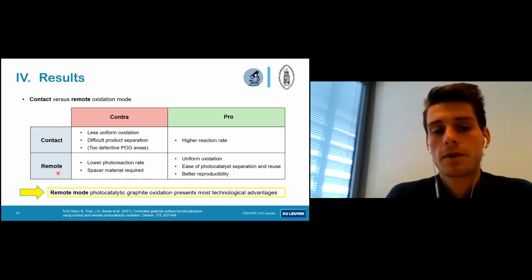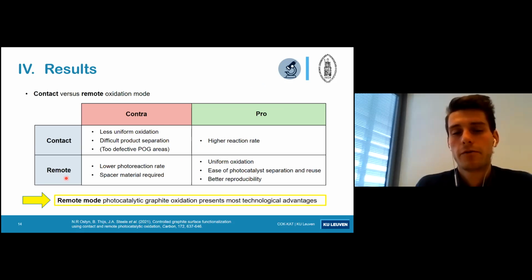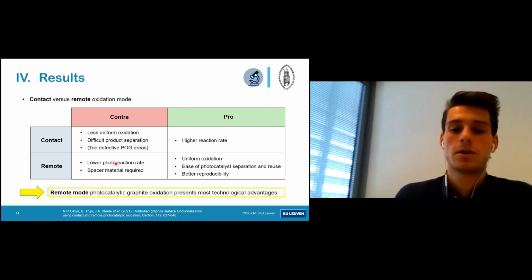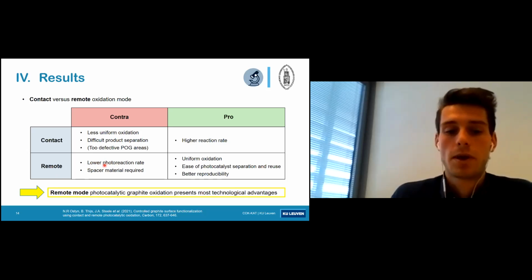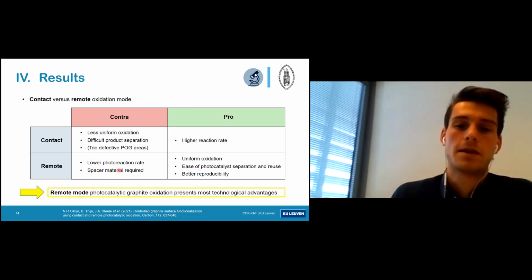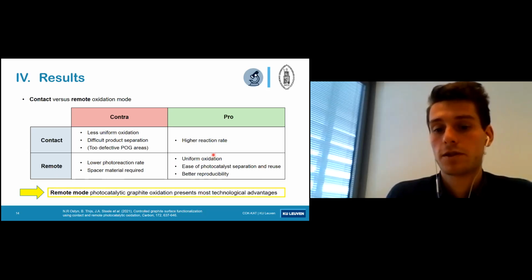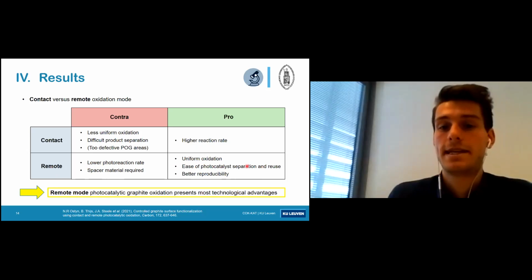Remote oxidation has a few drawbacks, but actually only small ones: a somewhat lower reaction rate and the use of a spacer material. This is only minor. The big advantages of remote oxidation are the much higher uniformity, better reproducibility, and the ease of photocatalyst separation and reuse.